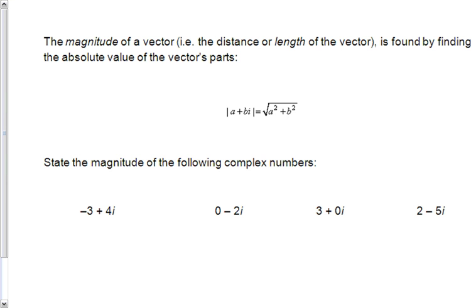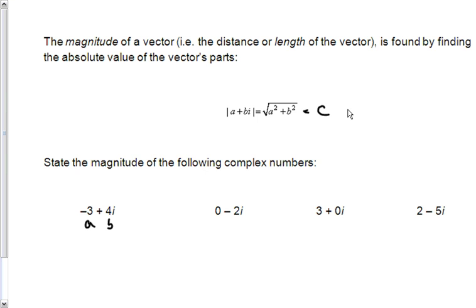So the magnitude is the last piece of this, which you can see is the distance of those things. It's the Pythagorean theorem. Remember, this is my a and this is my b. So a squared plus b squared equals c squared, right? Now you have it equal to c. You square them both, don't you get the Pythagorean theorem? We're just looking for that distance.